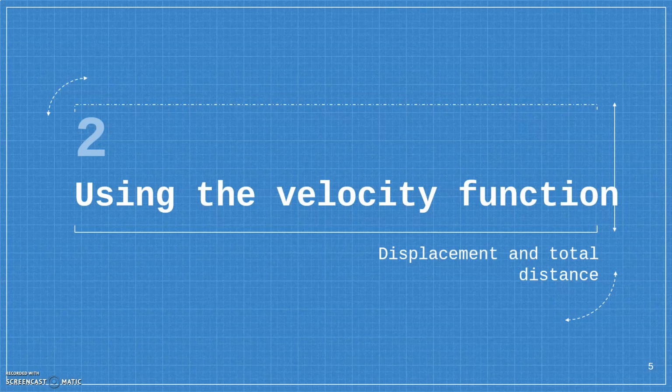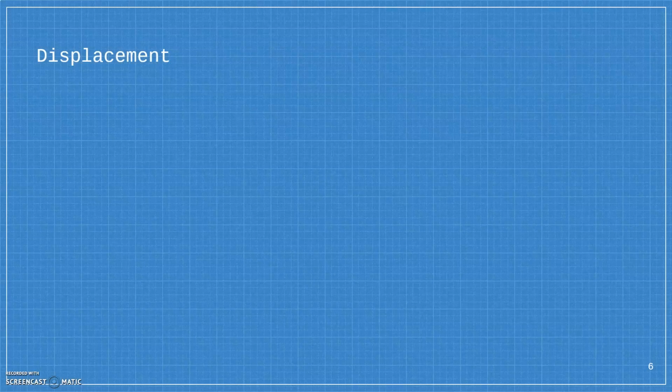So in calculus, sometimes you'll be given the velocity function and you'll be asked to find the displacement or the total distance from that velocity function. So first, a definition: displacement. One way to find the displacement is to subtract your ending position from your starting position. And because position is one antiderivative of velocity, using the fundamental theorem of calculus, that definite integral is really telling you displacement.